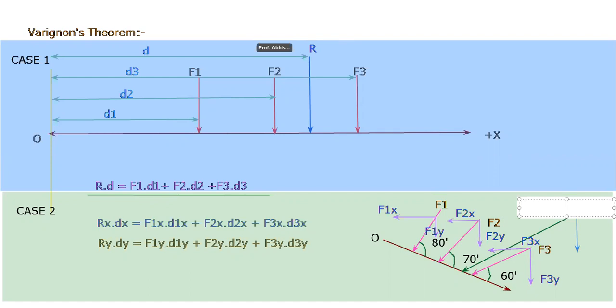So for the resultant, we can write here Rx and Ry. Okay, Rx and Ry. So now you must have understood how we have written all these expressions here.